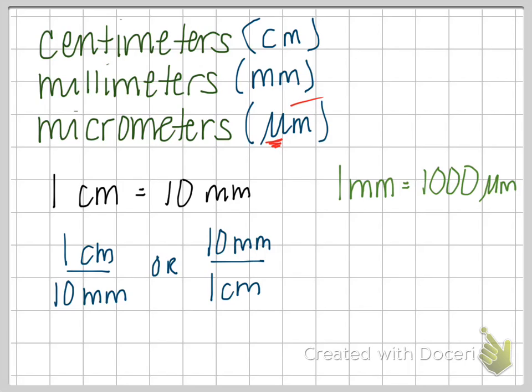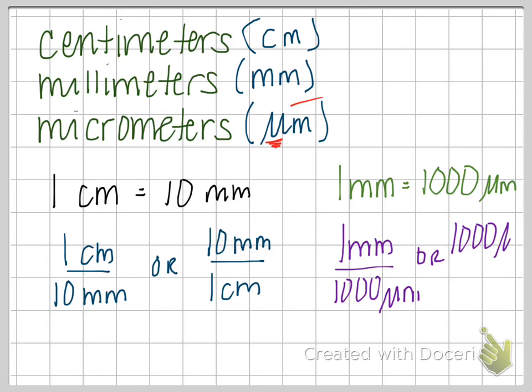And if I write out those conversion factors, it's 1 millimeter over 1,000 micrometers, or 1,000 micrometers over 1 millimeter. So these are the conversion factors that we're going to be using as we convert from centimeters to millimeters, or from millimeters to micrometers, or going back the other way.